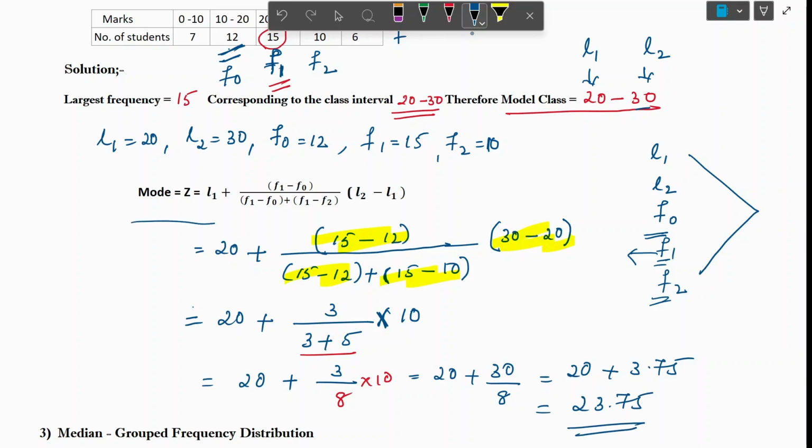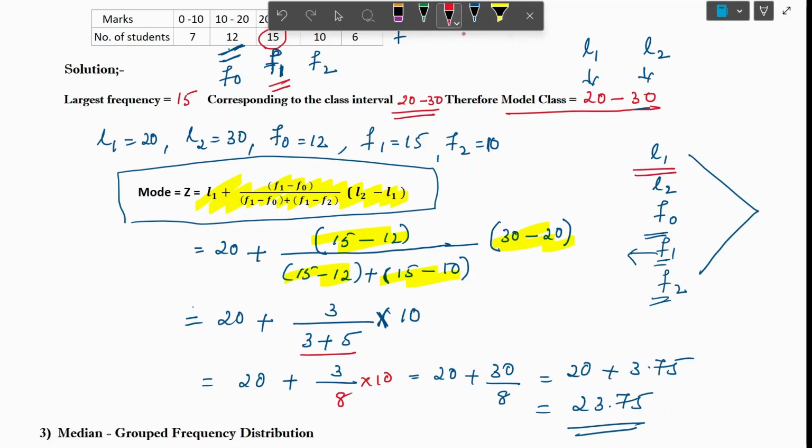Therefore first you want to learn this formula, write it and learn it. The formula says: mode equals L1 plus F1 minus F0 divided by F1 minus F0 plus F1 minus F2, into L2 minus L1. That means here you need 5 values: L1, L2, F0, F1 and F2. First locate your model class. Model class means the class interval with the highest frequency.